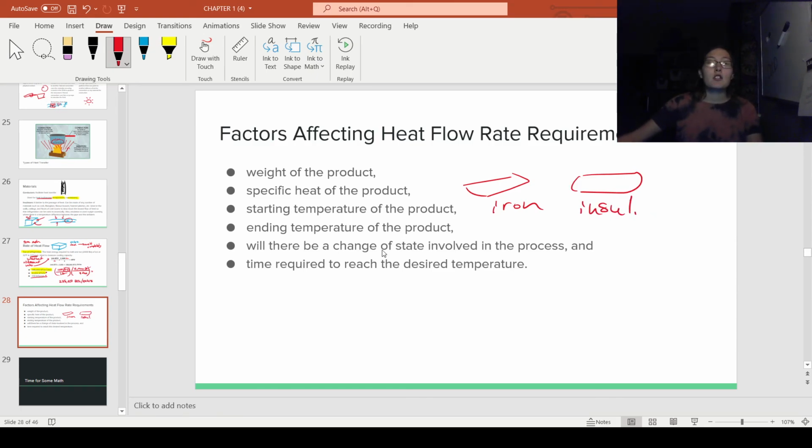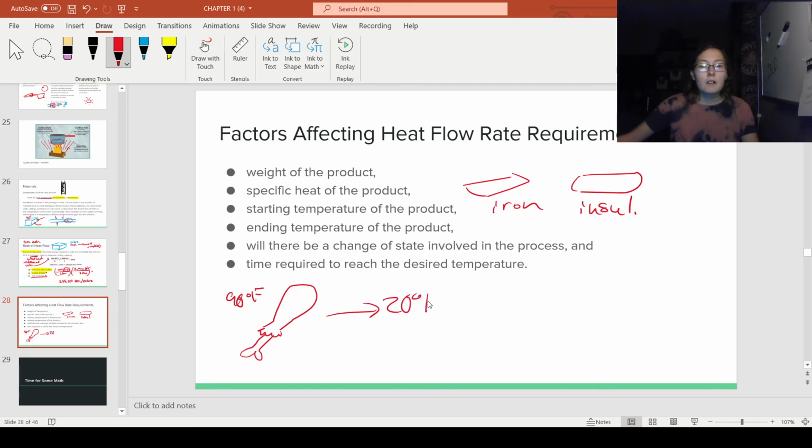You also need the starting temperature of the product. So if you have steak coming in, I don't know how to draw steak. All right, you've got chicken thigh coming in, fresh off the chicken. It's at 90 degrees Fahrenheit, and you're trying to freeze it to 20 degrees Fahrenheit.